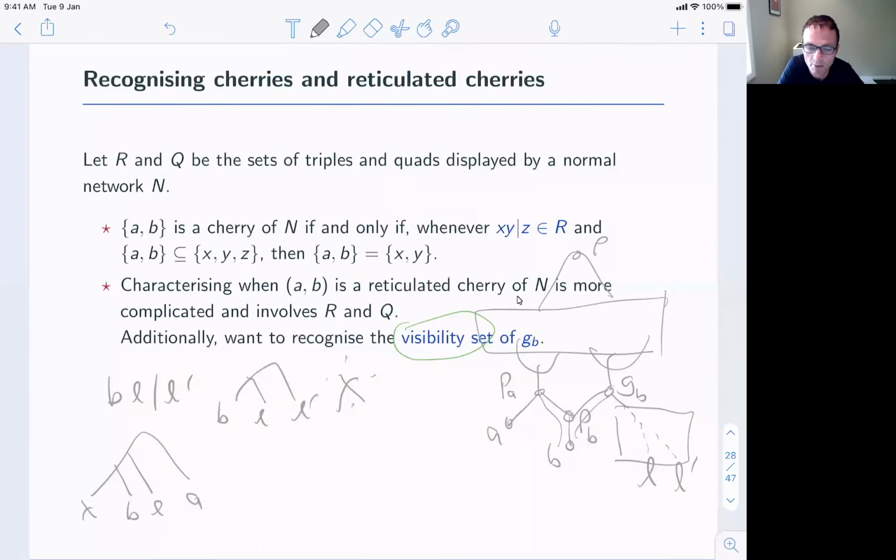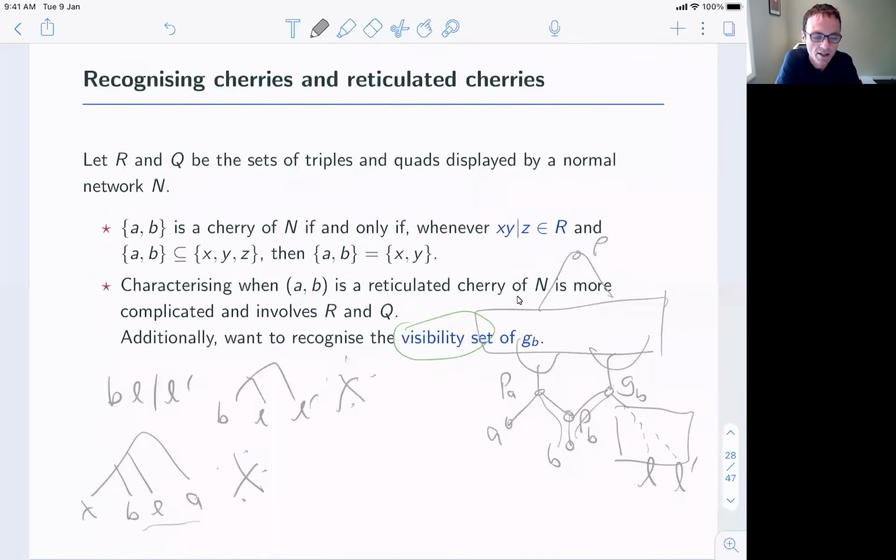There's no way that could happen. B either is going to meet A first, or it's going to meet L first. Mark's looking at it, but you might like to think a little bit more about that, but I can't get a quad of that sort. So my set Q can't contain any quads looking like that.